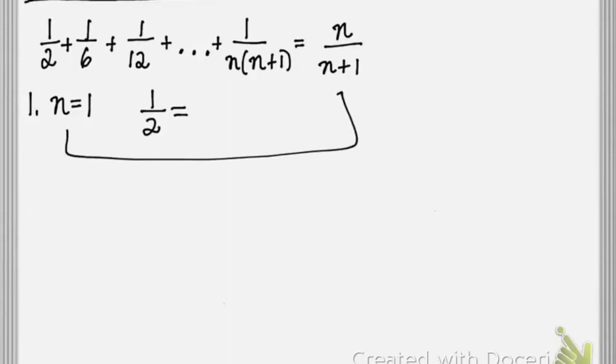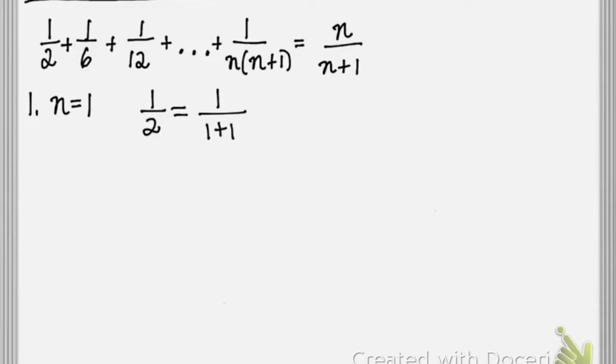And then I'm plugging it in here and showing that these are going to be equal. So plugging in a 1 onto the right side, I get 1 over 1 plus 1, which is in fact 1/2. So 1/2 equals 1/2, and this is true. This statement that we're given is true for n equals 1.